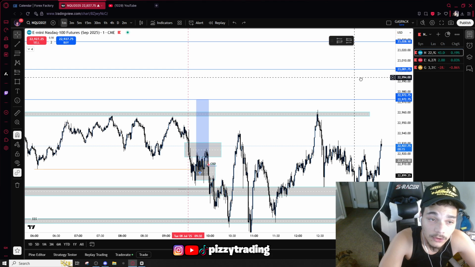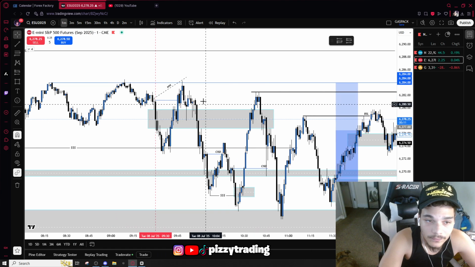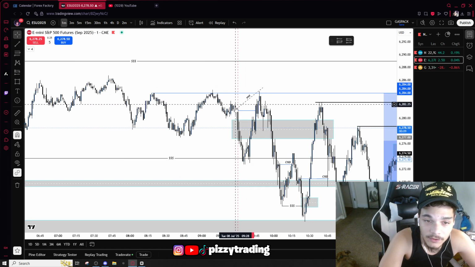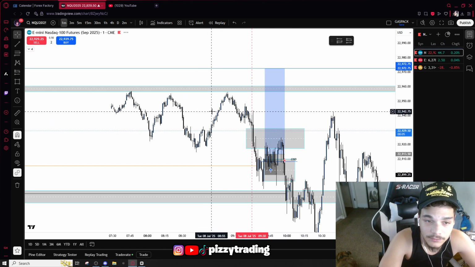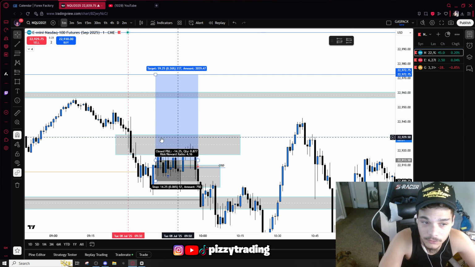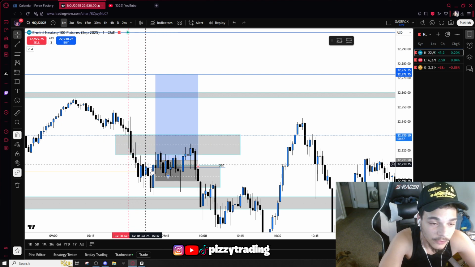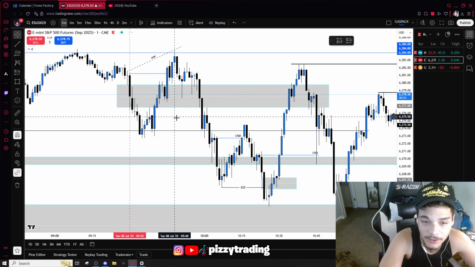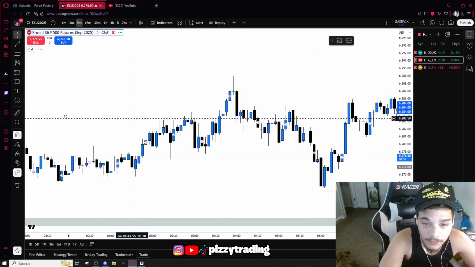And if we even look, we did form an SMT, because if we look, NAS did not take out market open. Look, is market open candle. Once we made this 5-minute bearish fair value gap, we did not come back over it. ES, on the other hand, what did it do?